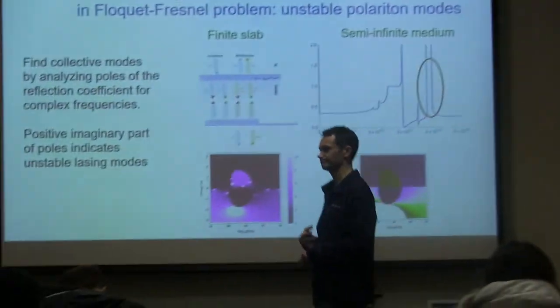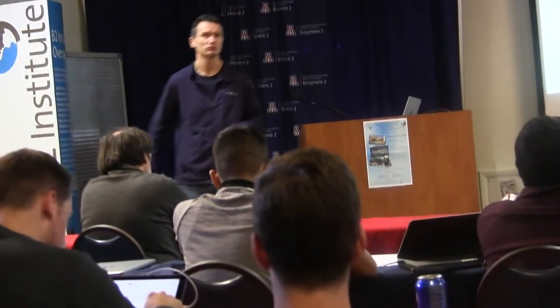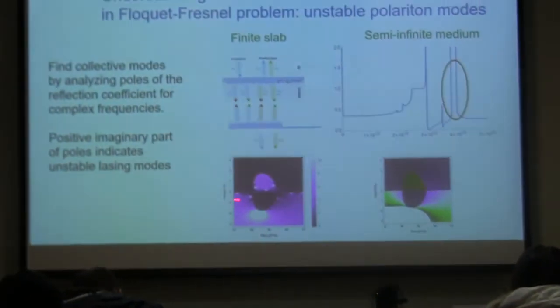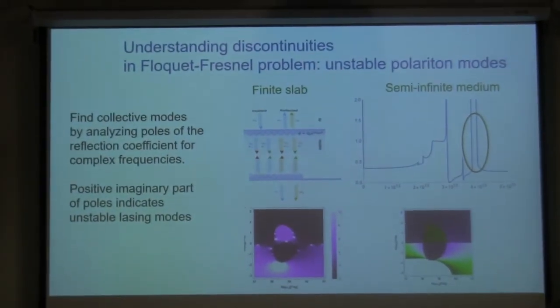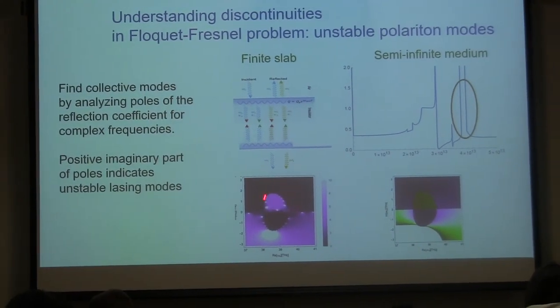That's the usual trick of doing many-body calculations. If you want to analyze collective modes, you look at the response function and ask where it has a pole. And that's something you can do here. You can calculate the reflection coefficient as a function of frequency in the complex plane. But now you find that the poles move into the upper complex plane.